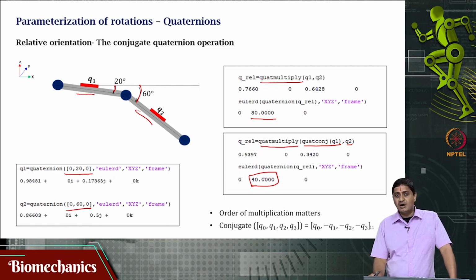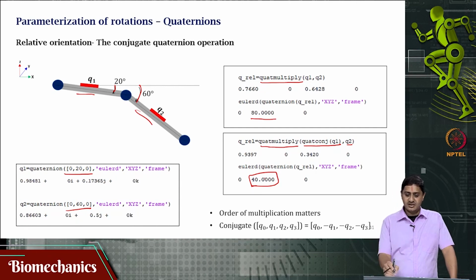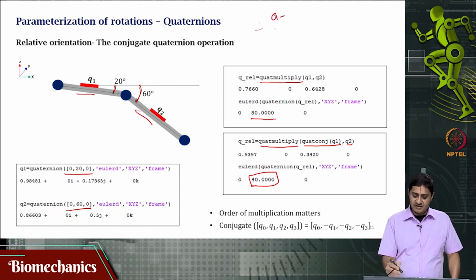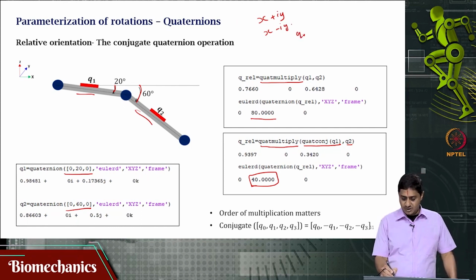Of course, the order of multiplication matters. Also remember that if I have a complex number x plus iy, its complex conjugate is x minus iy. For the quaternion q naught, q1, q2, q3, the complex conjugate is q naught minus q1 minus q2 minus q3.